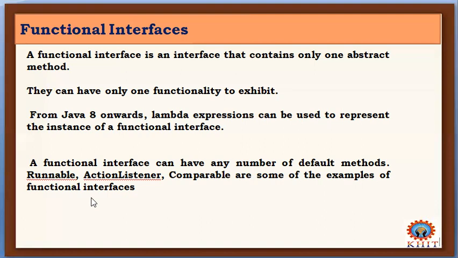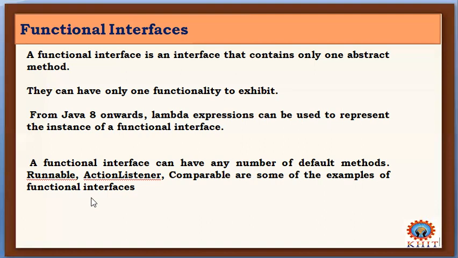functional interface. What is the functional interface? An interface which contains only one abstract method. That means it will perform only one functionality. Rather than performing two or three functionalities, it will perform only one.